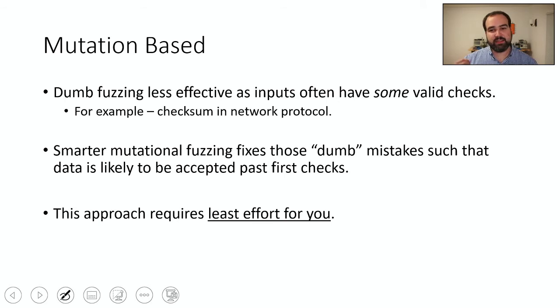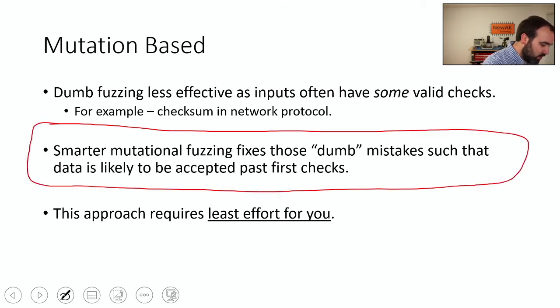Dumb fuzzing is the most basic way of doing this. We would just randomly throw data in, like when I was just hitting the keyboard. We don't know if it's going to be valid or not. The risk here is that a protocol, say, typically has a checksum, and that's not going to be valid, so you're not going to catch that. Smarter mutational fuzzers will at least fix those dumb mistakes.